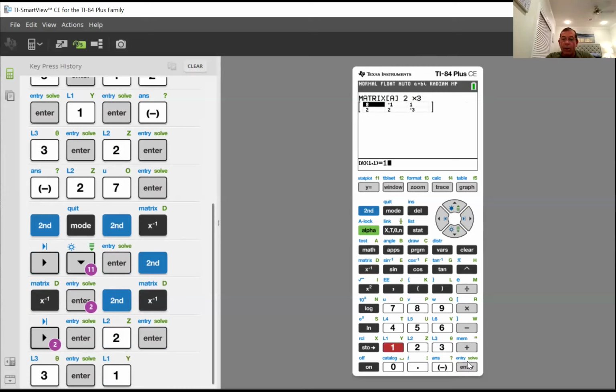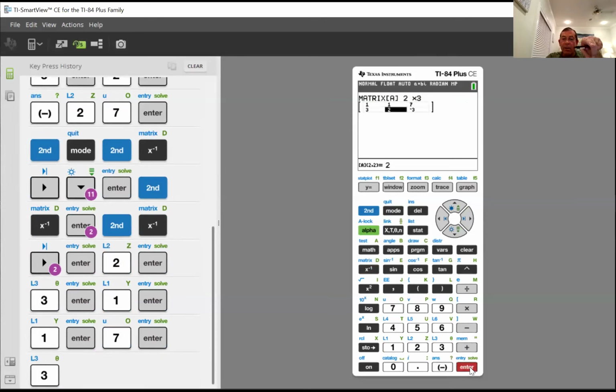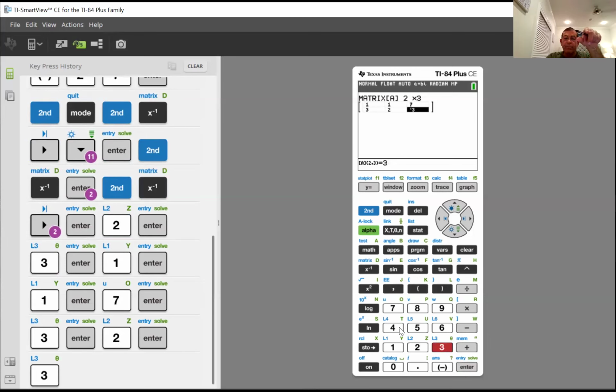So 1 enter, 1 enter, 7 enter. And then remember my second row was 3 enter, 2 enter, and 34. Now the calculator's going to want to know which of these numbers is larger and which one is smaller, okay?